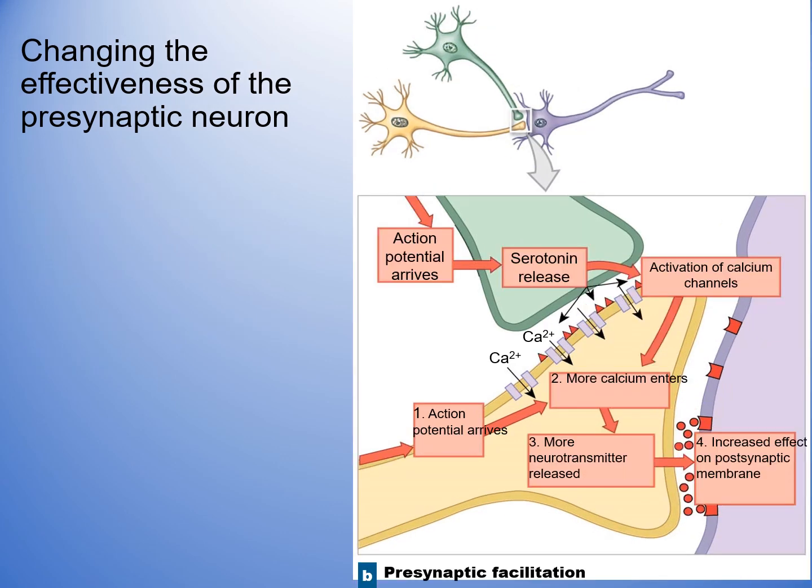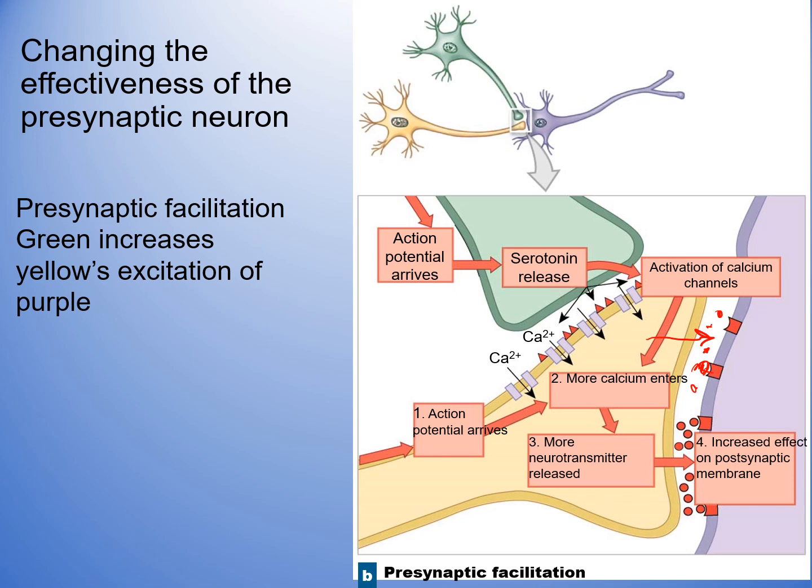The other way that we can do this, obviously, is we can increase the yellow neuron's ability to hook up with the purple neuron. So what we want to do here is facilitate. We want to encourage the connection between yellow and purple. We want to make it so that yellow spews out more of its neurotransmitters into the synapse and thus can stimulate purple to have an action potential.